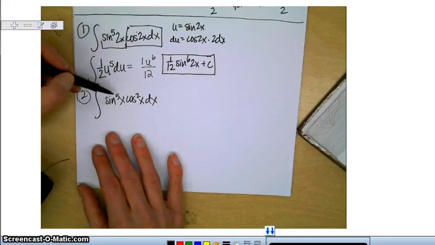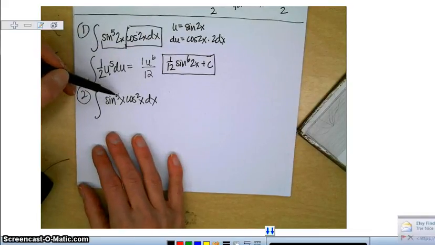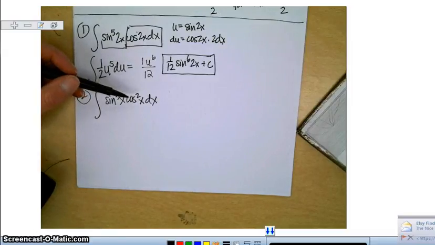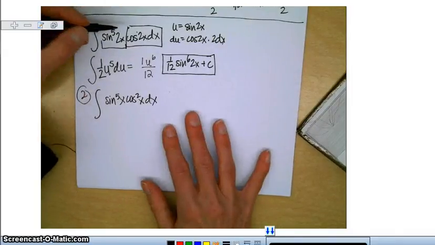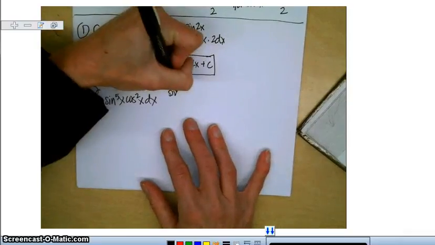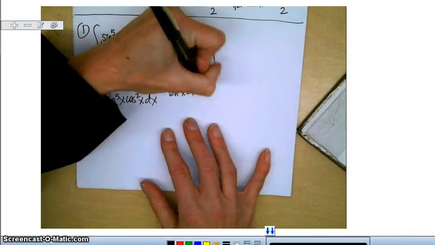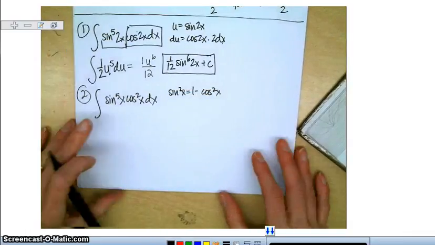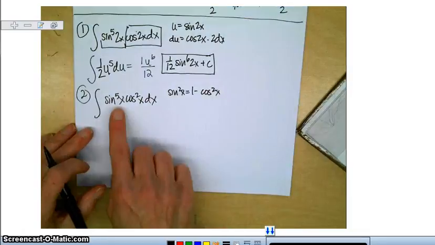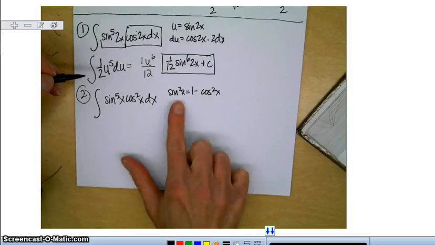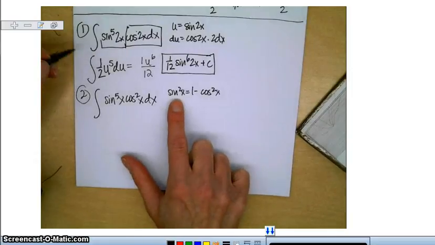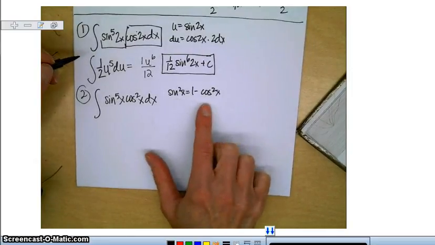Is there one for odd power of sine, even cosine? Yes. Or sine odd? This would be case 1, right? So what does it tell us to do to start with? Use sine squared x equals 1 minus cosine squared x. So here's how we are going to do that. So I have sine to the 5th. Any sine squared can be replaced with 1 minus cosine squared.